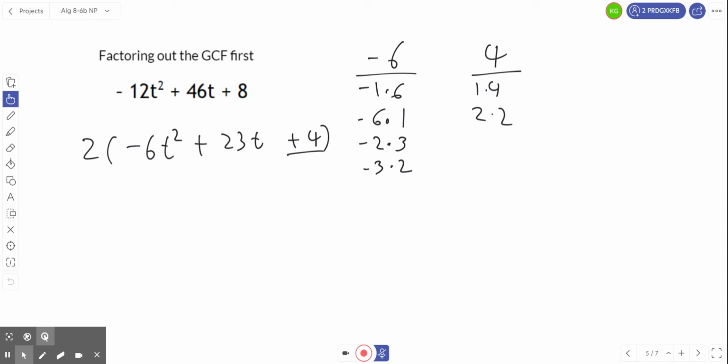So I have to think about what is going to get me that 23 in the middle.